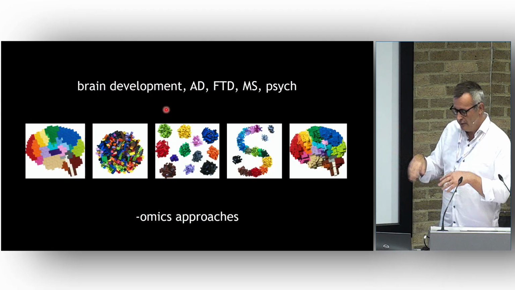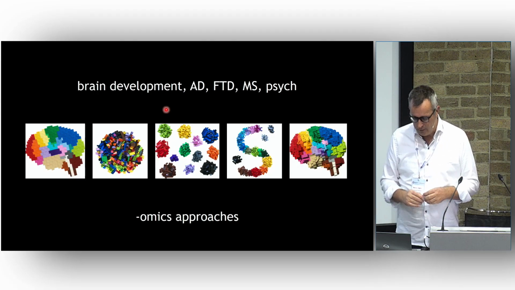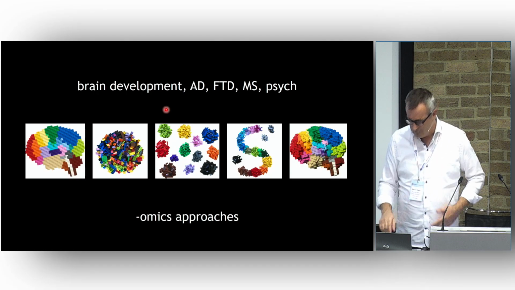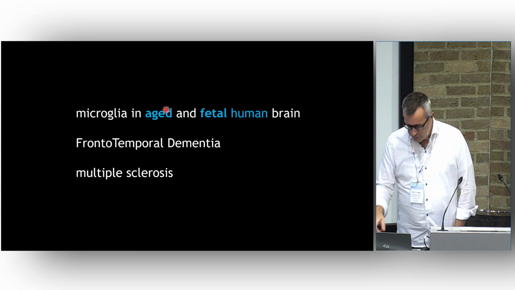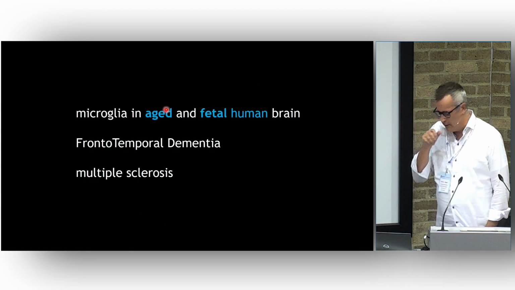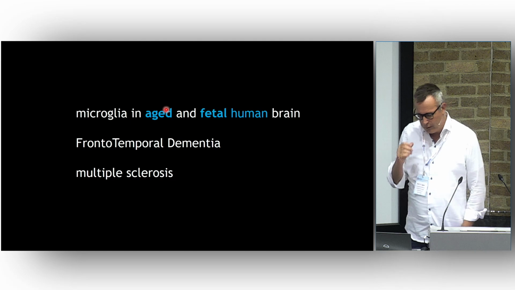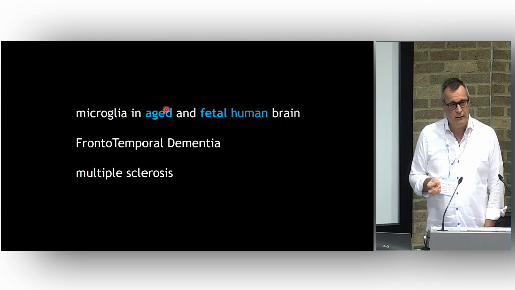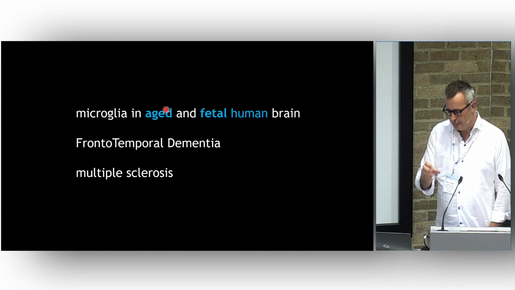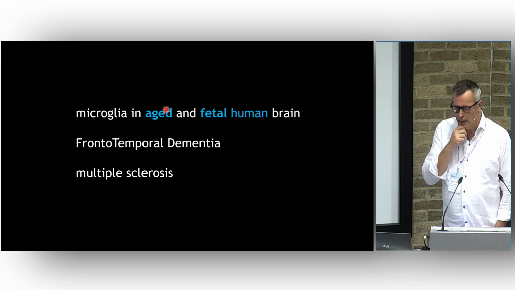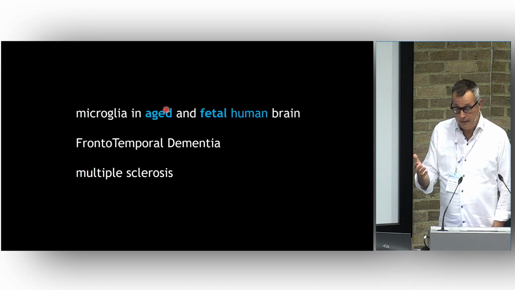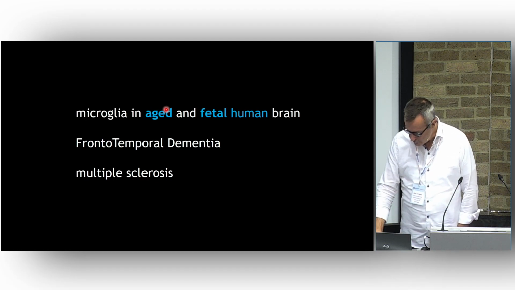The hits that we find, we then test in cell models or mice or organoids, etc. So I'll share a few stories with you, and I'll start in the human brain. That's basically where I start all my work, in human brain tissue. That's the starting point, trying to identify microglia states or subsets and then find out what they do.